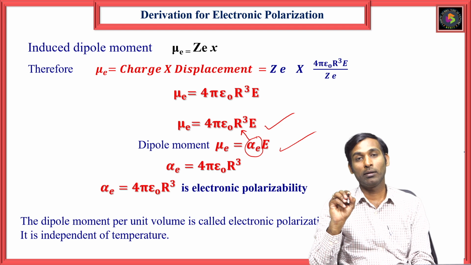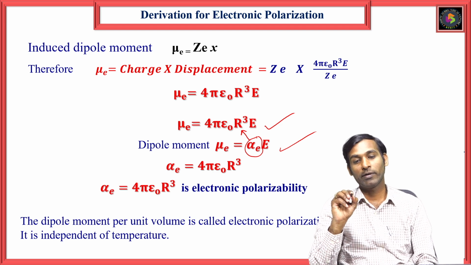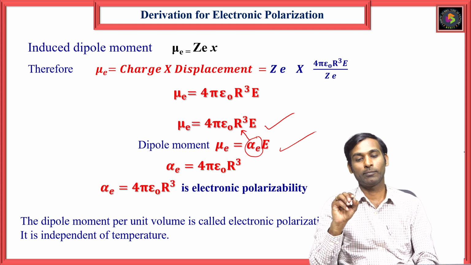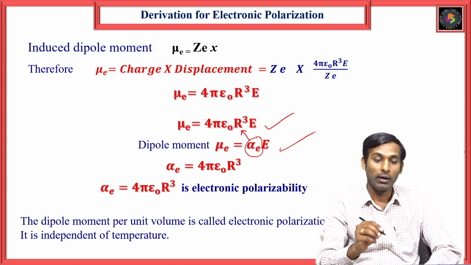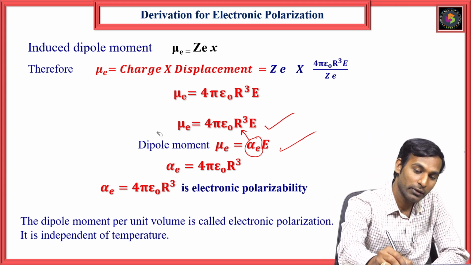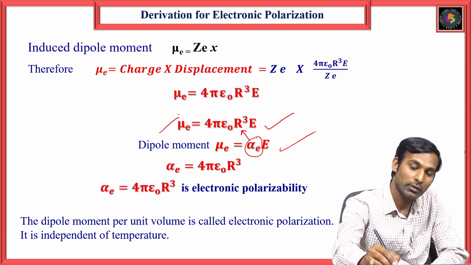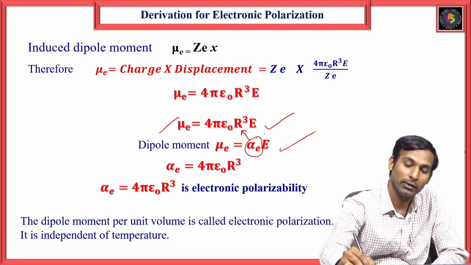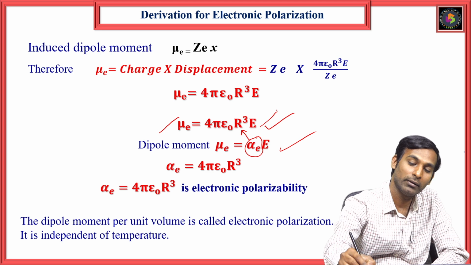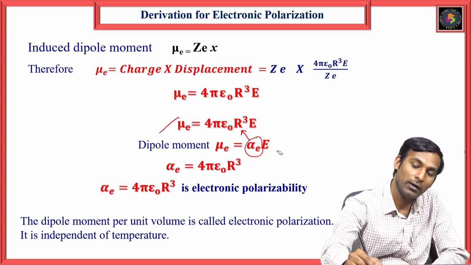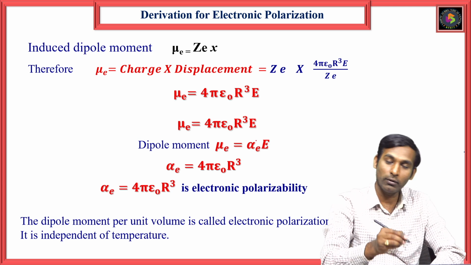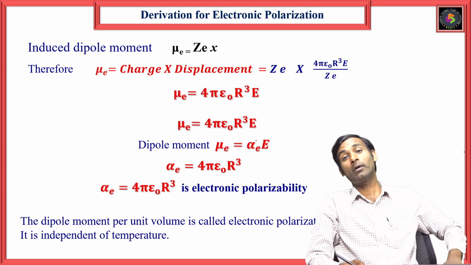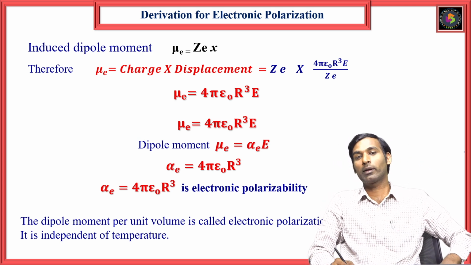That is important for the derivation of electronic polarizability. Here in this equation, this is the induced dipole moment. E is the electric field intensity. Alpha E is called polarizability. Which type of polarizability? Electronic polarizability.